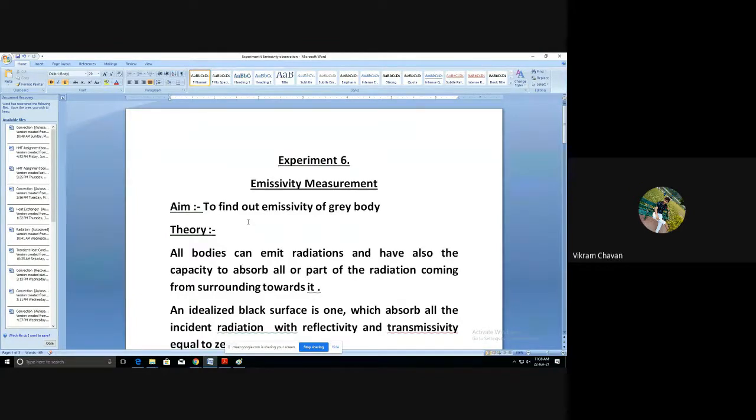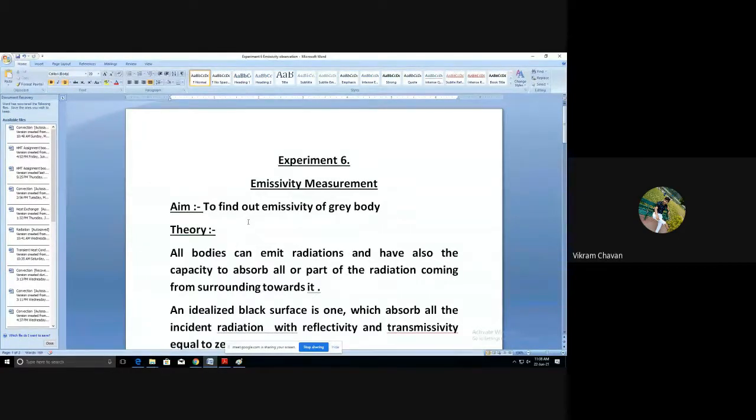Such a body will be called a gray body. If these radiation related properties are uniform over the entire surface, then that body will be called a gray body.